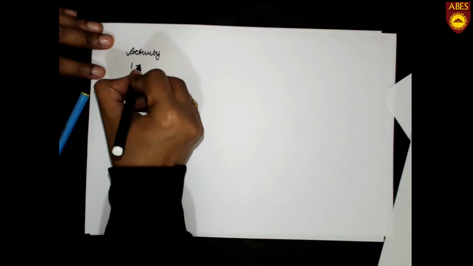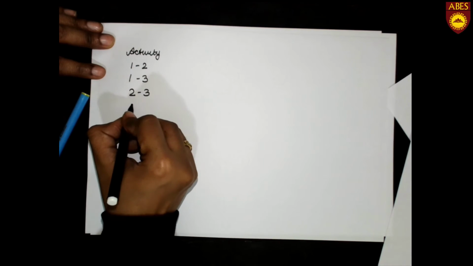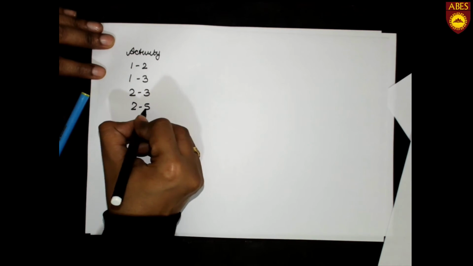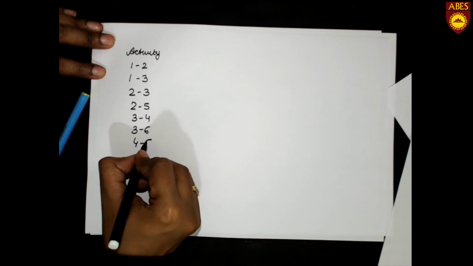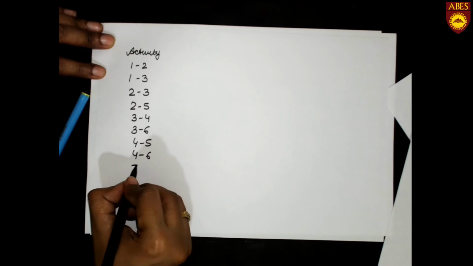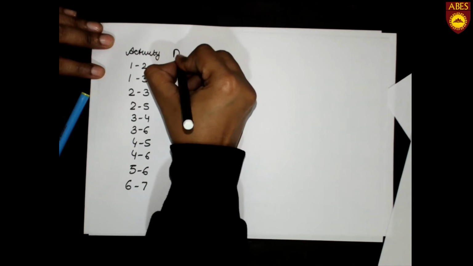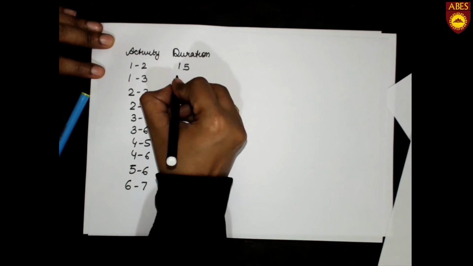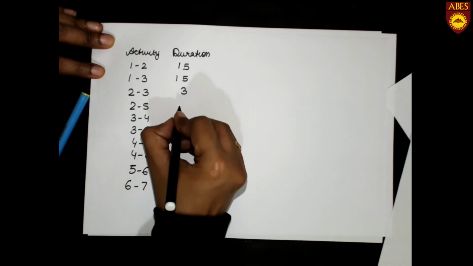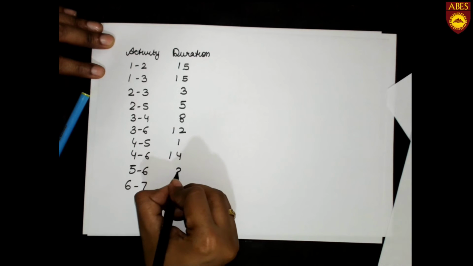Activities are 1-2, 1-3, 2-3, 2-5, 3-4, 3-6, 4-5, 4-6, 5-6, 6-7. Duration: 15, 15, 3, 5, 8, 12, 1, 14, 3, 14.